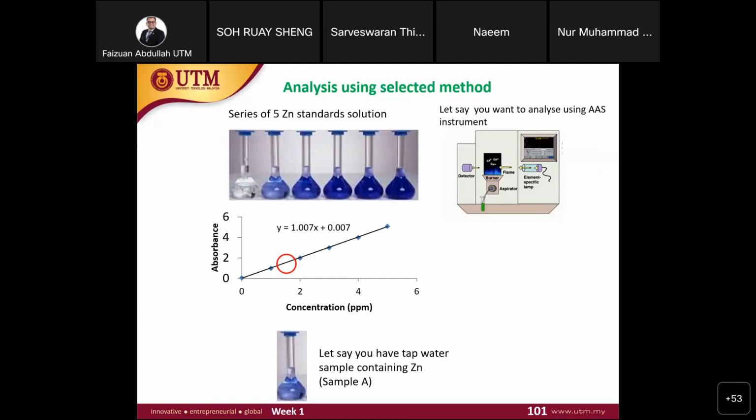So the instrument only can tell us, oh, Mr. Naim, when we supply the light to the sample, it absorbs 50% of the light that we introduce. So Naim asks the instrument, okay, how much is the concentration? I'm sorry, I don't know how to calculate the concentration. I only know how much your sample absorbs my energy, the energy supplied by the light source.